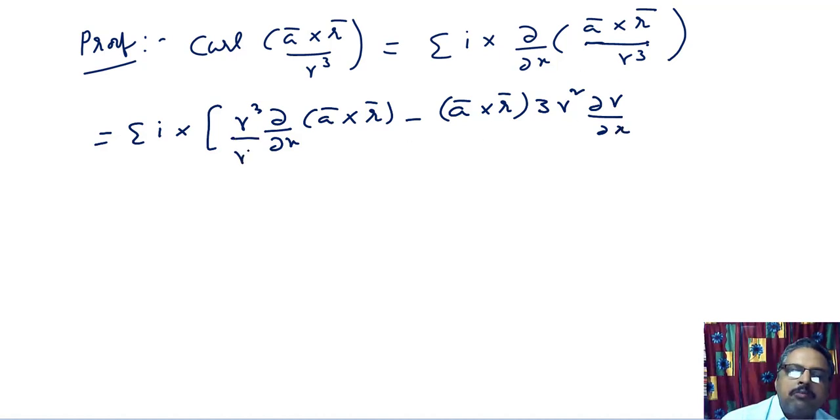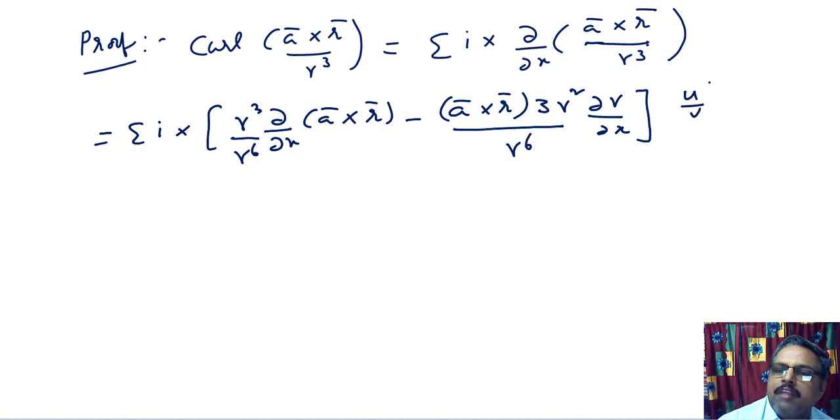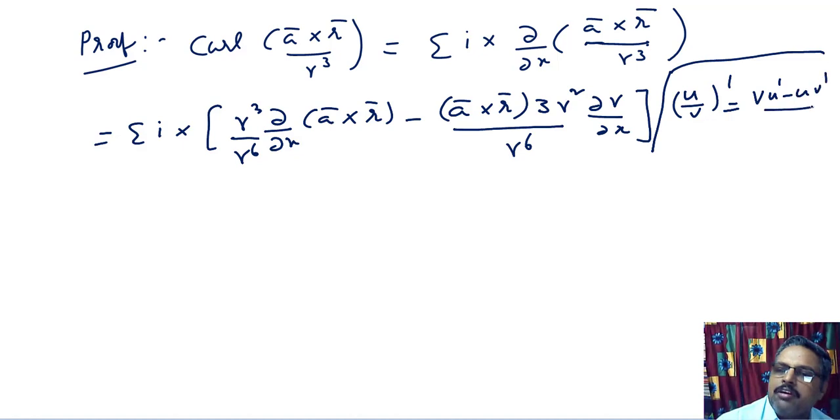I will write in both terms r power 6. So using the formula, what is the derivative of u by v? v into derivative of u minus u into derivative of v divided by v square. So using this formula, just differentiate using u by v rule.